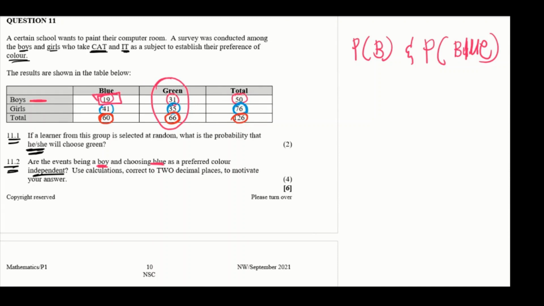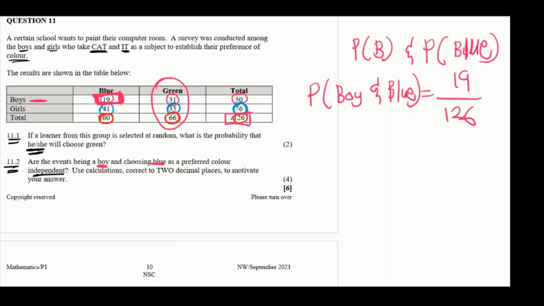This is the probability of being a boy and having color blue, which means it's 19, right? So we say the probability of a boy and color blue is equal to 19 out of the total, which is 126.